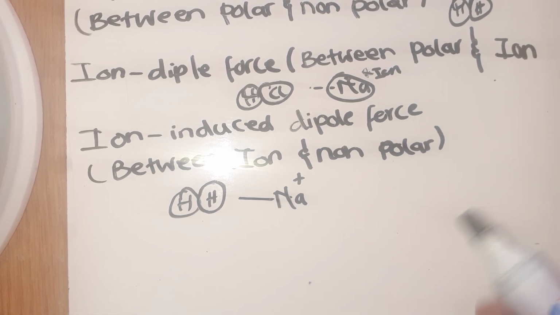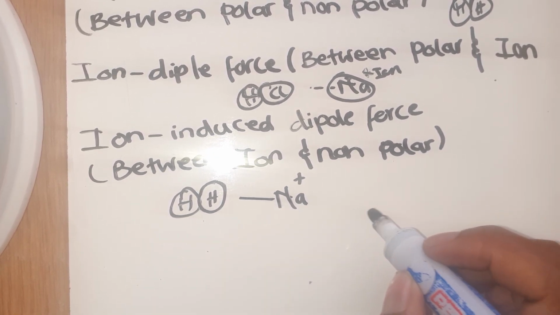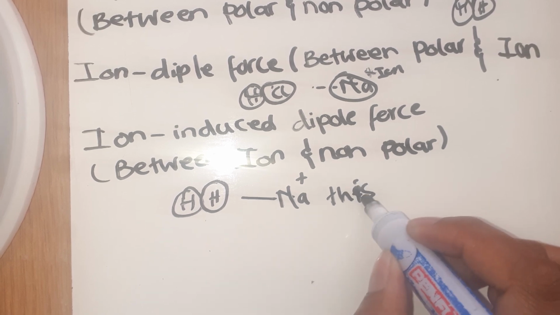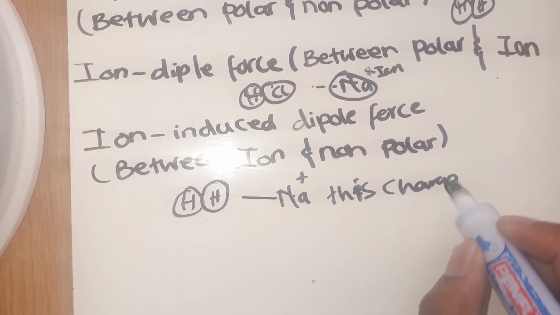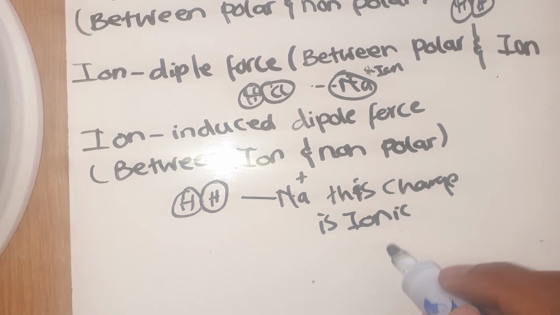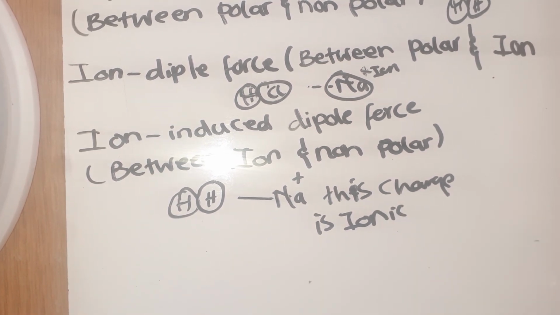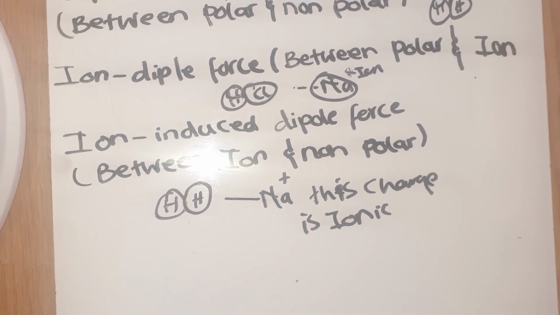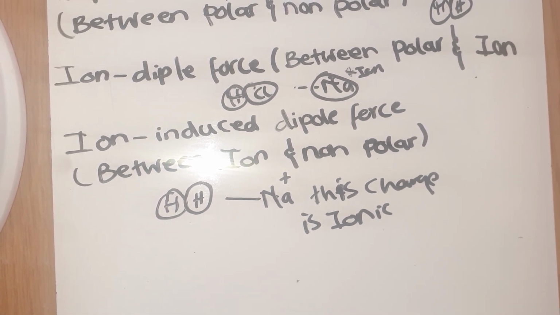So this plus, this charge is ionic. So when you have this charge, just know that it is ionic. This is how you will know. So electronegativity is that smallest number on your periodic table.